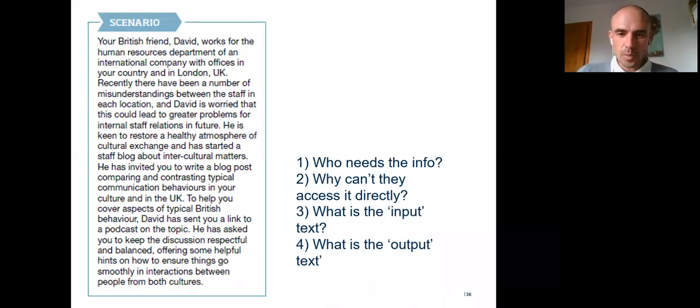Okay, good. The input text here. What's the input text? The podcast, isn't it? For the students, they've got a podcast to listen to, and the output text, as we said at the start, is the blog. Stephanie, thank you.